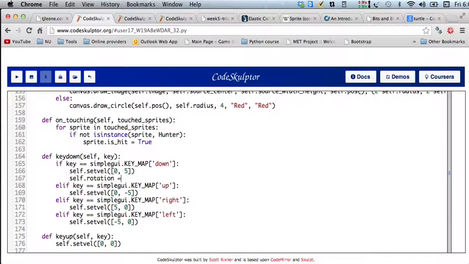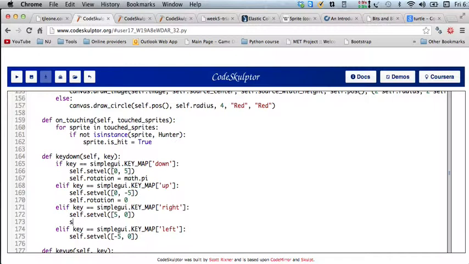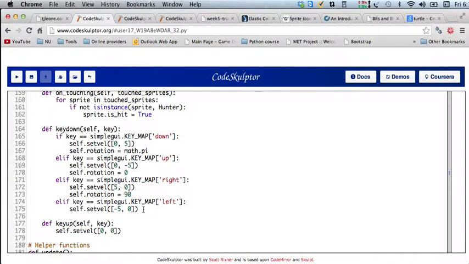And then right here we could just say self.rotation equals, so to go down, that's going to be pi. To go up, we're going to set the rotation to 0. To go right, self.rotation equals 90 to face right, oh no, not 90, pi over 2, right? We have to do radians.